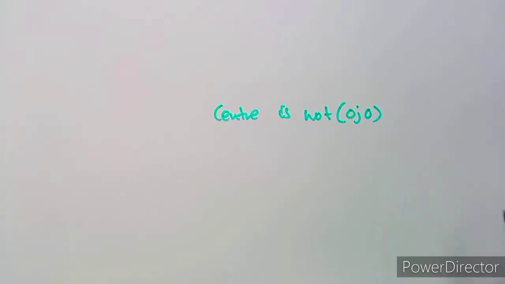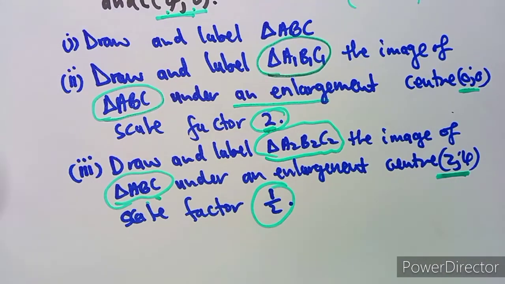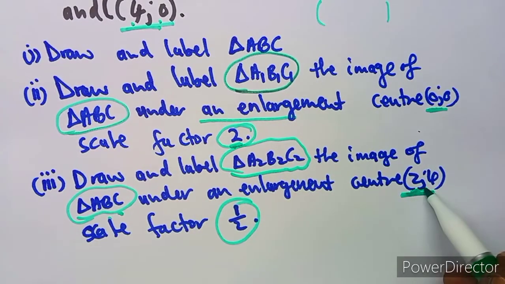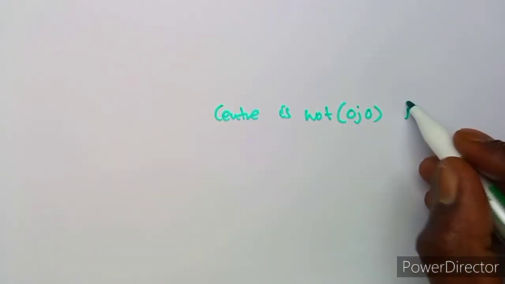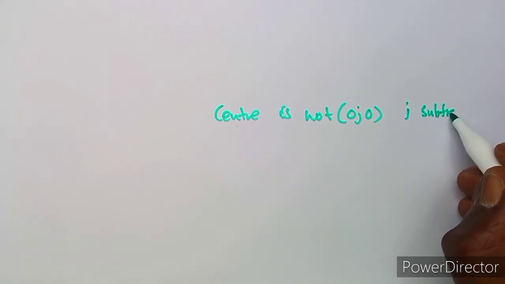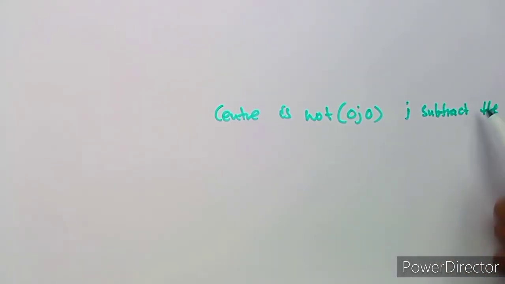So if the center is not 0 0, what am I going to do? These are the stages. The first thing, you're going to subtract the center from the object.